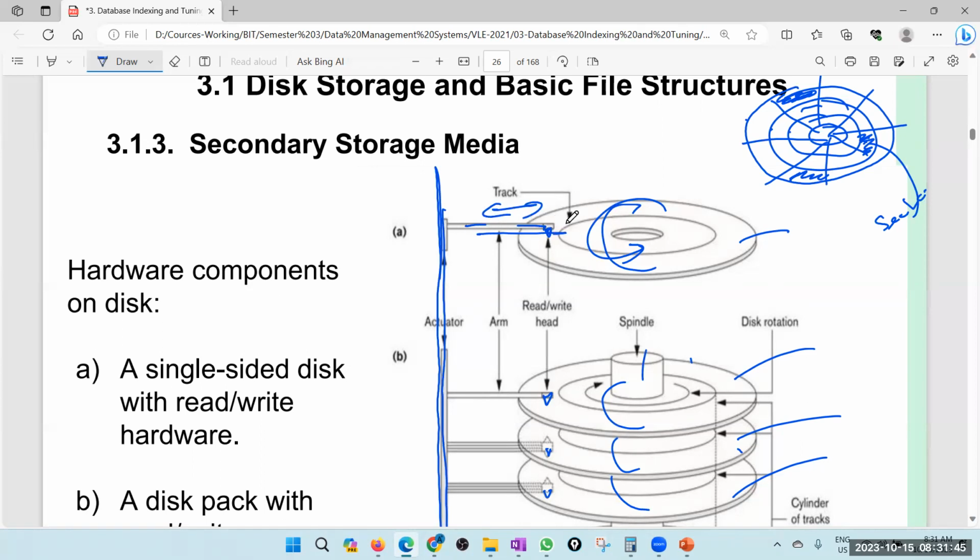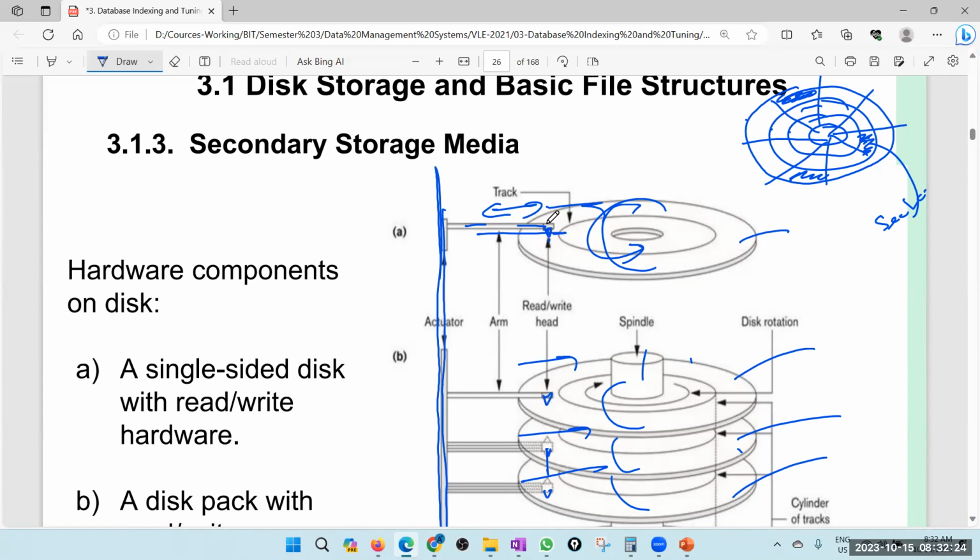When it moves, all the arms move together. So all the disks rotate together, and all these arms move laterally together. The first thing is your disk plates will rotate until the particular sector comes under the arms. Sorry, no.